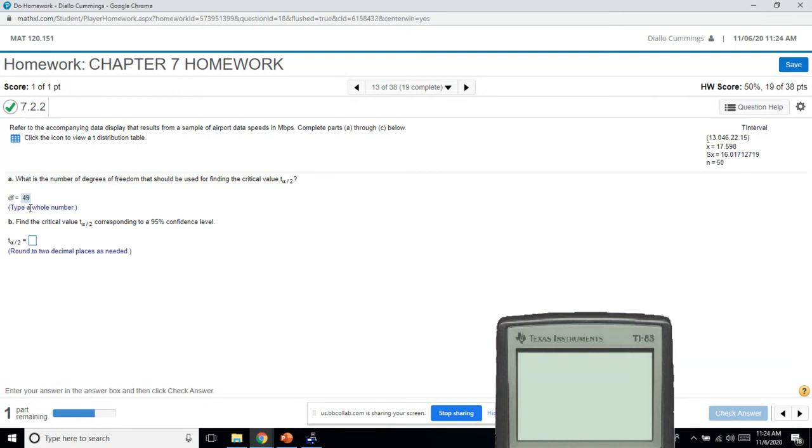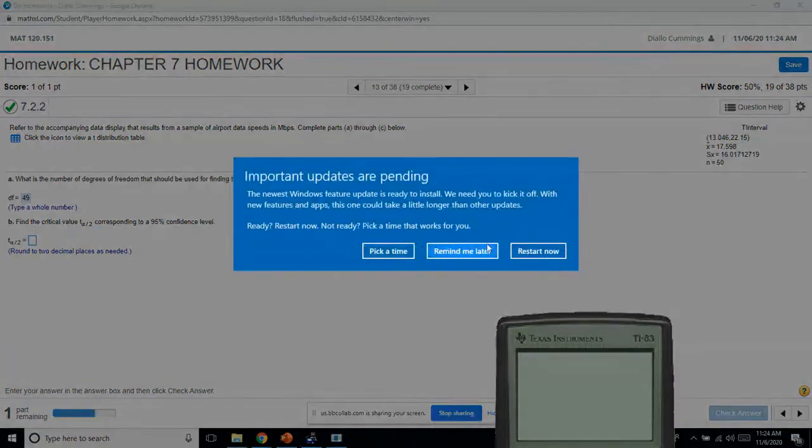I simply take the value n, which is 50, and subtract 1, and that gives us our degrees of freedom. Now, how can we calculate the critical value for a 95% confidence level?